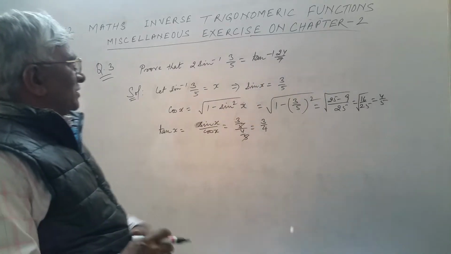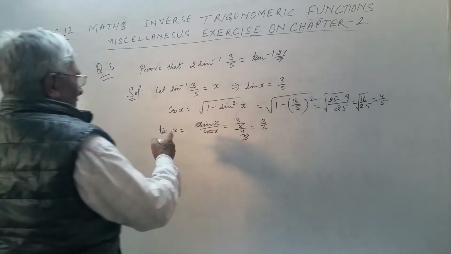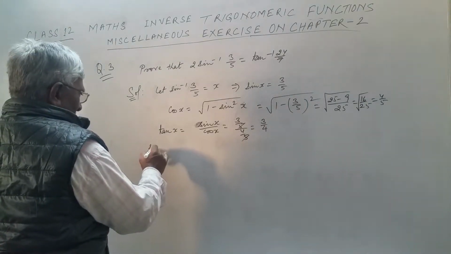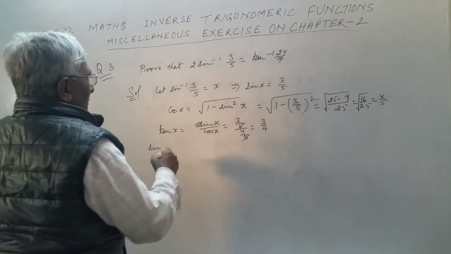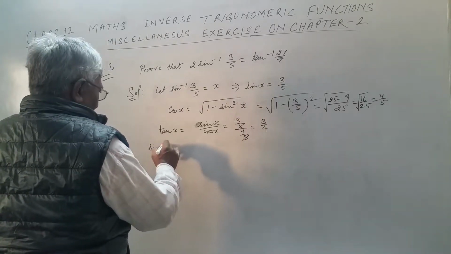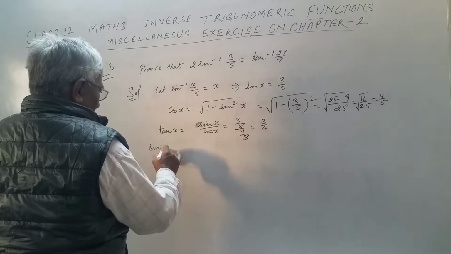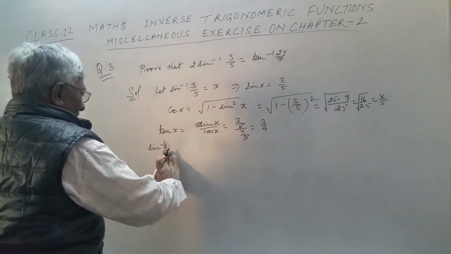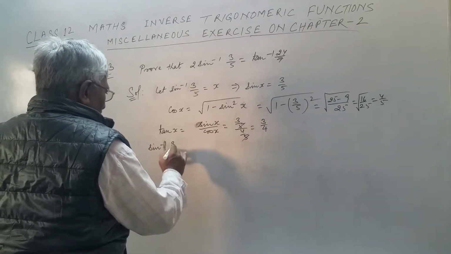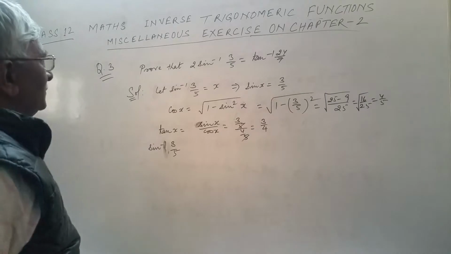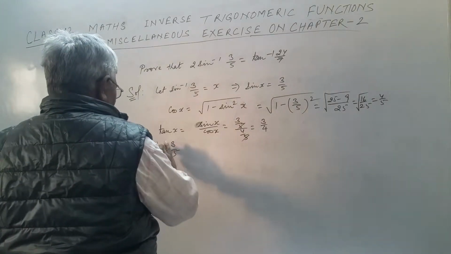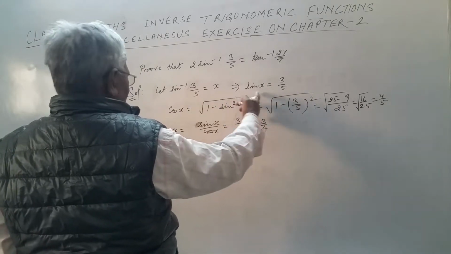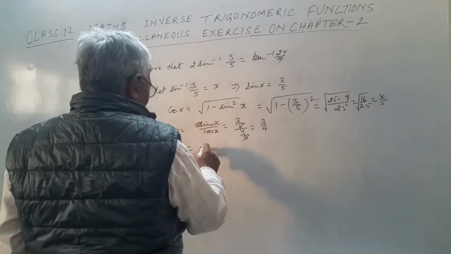Now we are going towards that. Then we can write here that sine inverse 3 upon 5 is equal to x.